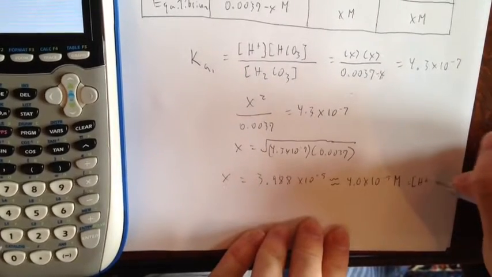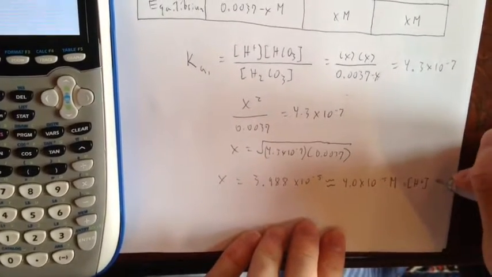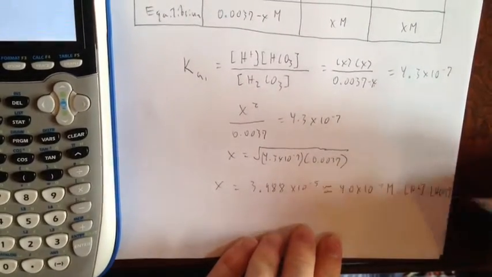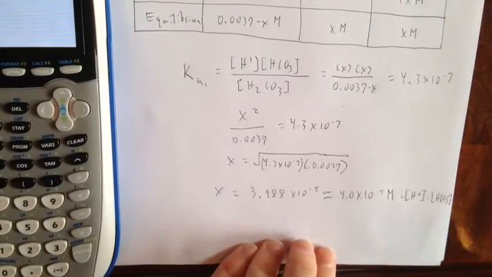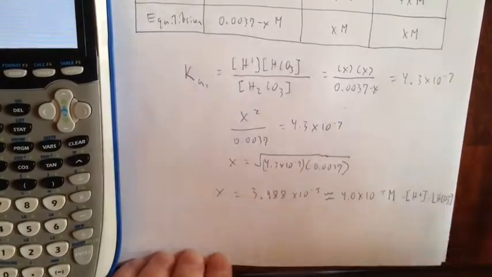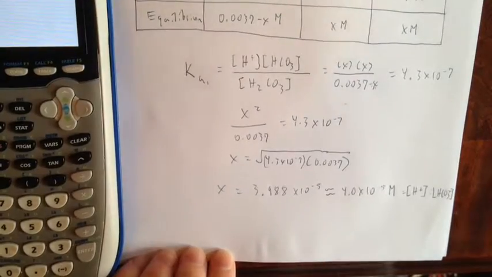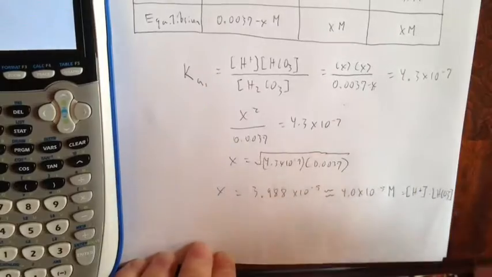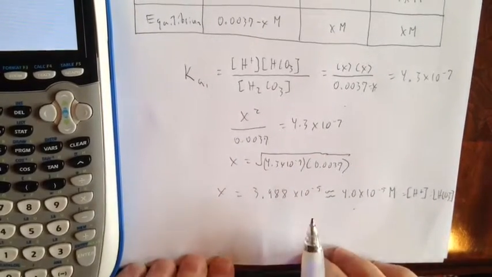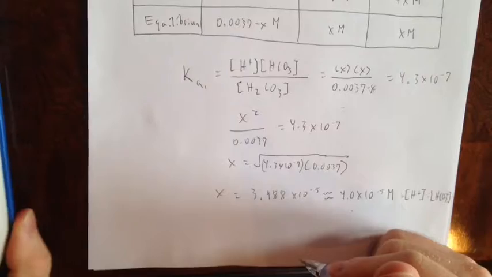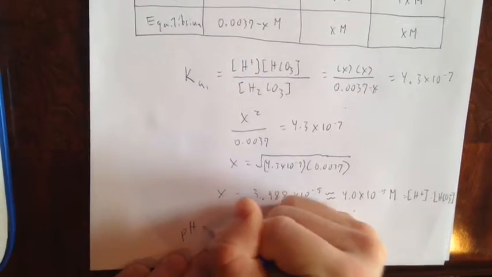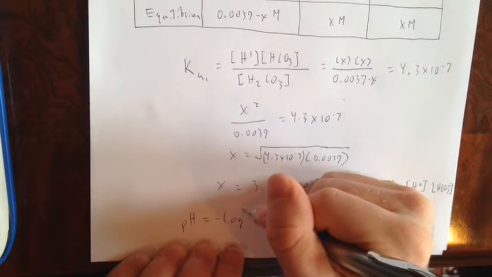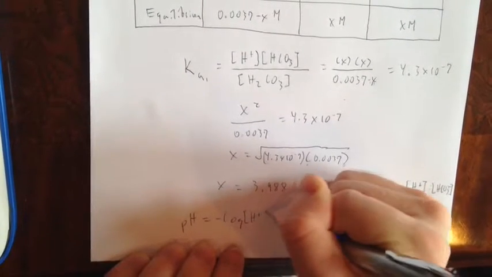And this is the concentration of the hydrogen ions and the bicarbonate ions. pH can be calculated by taking the negative log of the hydrogen ion concentration.